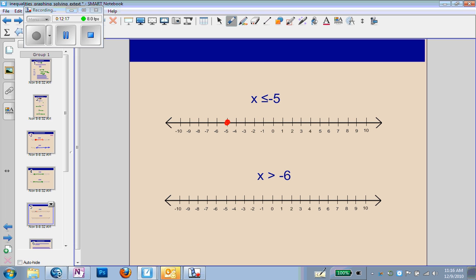And positive or negative direction? Good, negative. Next example, open or closed circle? Open, because there's no equal to. Positive or negative direction? Positive. Oh, we're done with our examples.